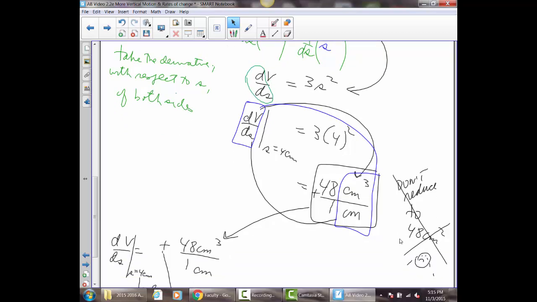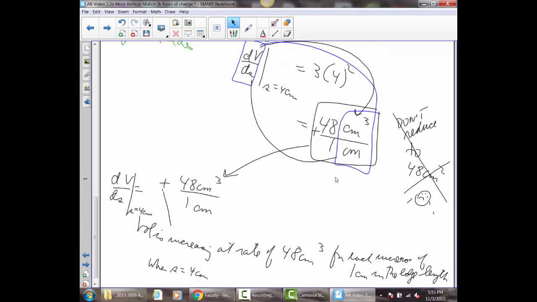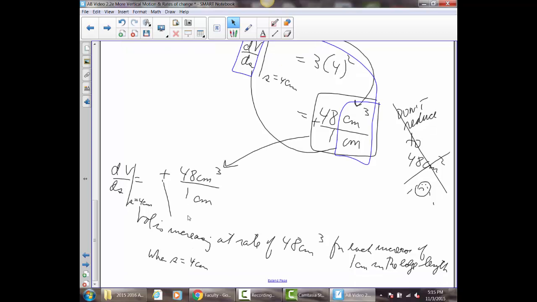First of all, that is not a rate, because a rate has to be a fraction, okay? And secondly, this looks like an area. We're not talking about an area. What this really means is that the volume is increasing, because our answer is positive, at the rate of 48 cubic centimeters for each increase of 1 centimeter in the edge length at that moment.